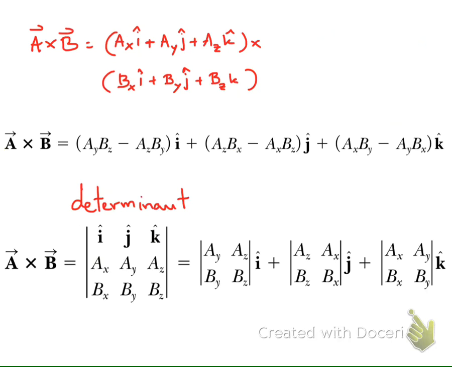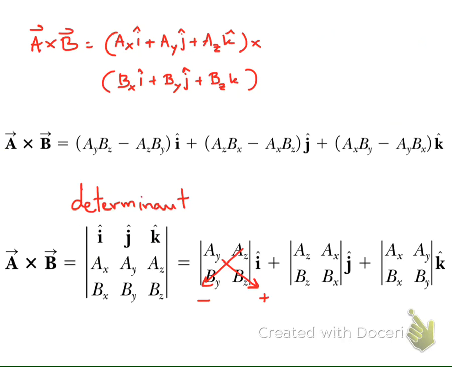If we resolve this into the i component, we have AYBZ, which gives the positive value, and AZBY, which gives the negative value. The second and the third terms, you can do by yourself.